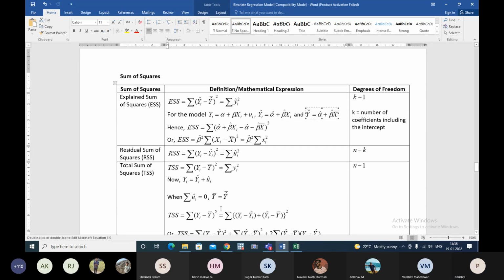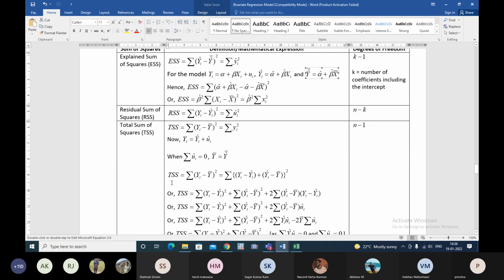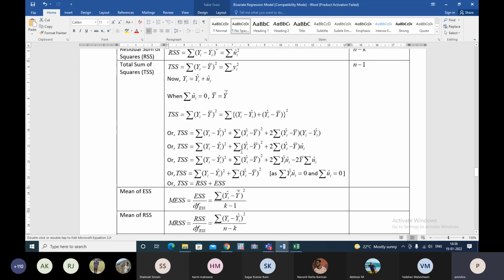Now, I can show that this total sum of squares can be decomposed into explained sum of squares and residual sum of squares. Already we have discussed this using the graph, and the detailed derivation is given here.